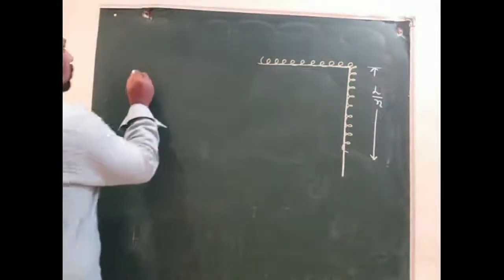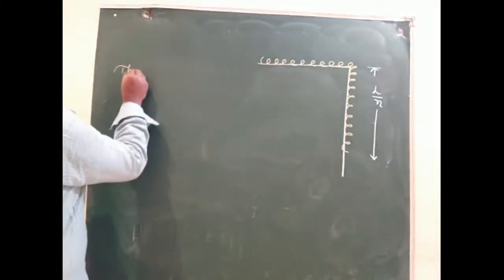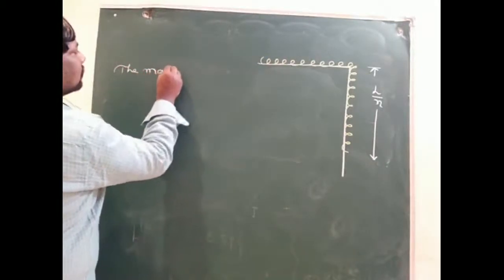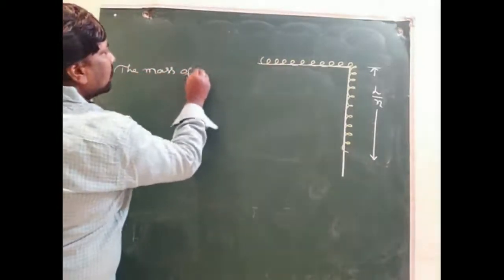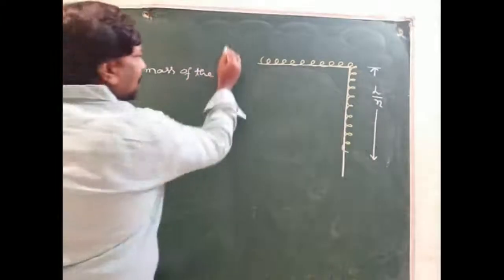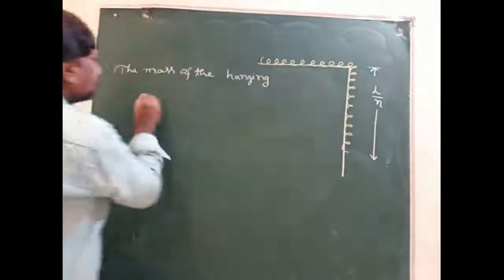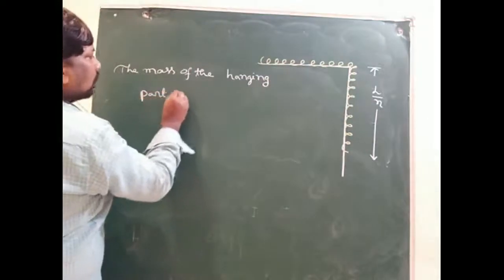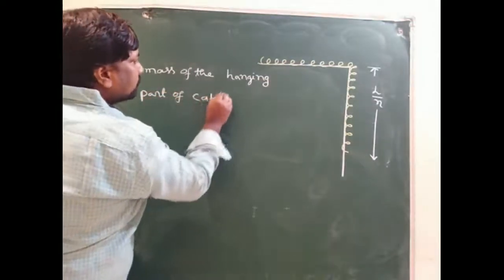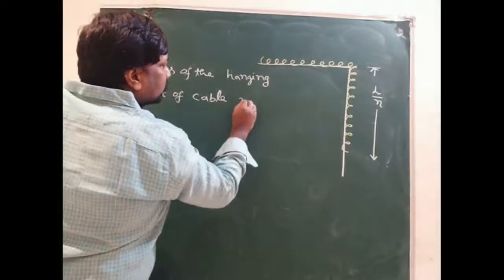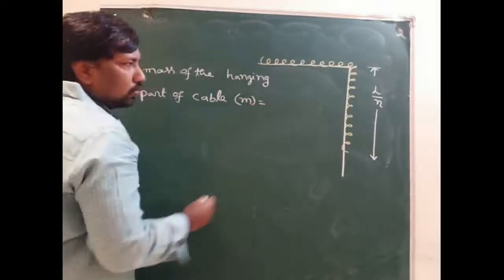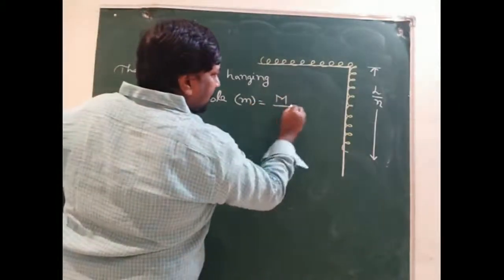Therefore the mass of the hanging part of the cable, small m, equal to capital M by n.